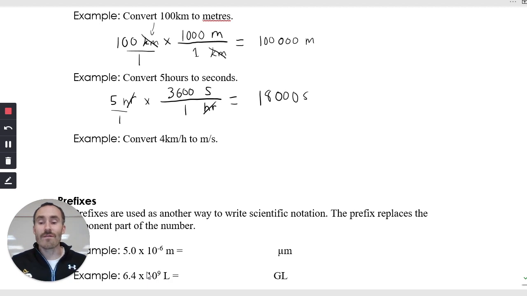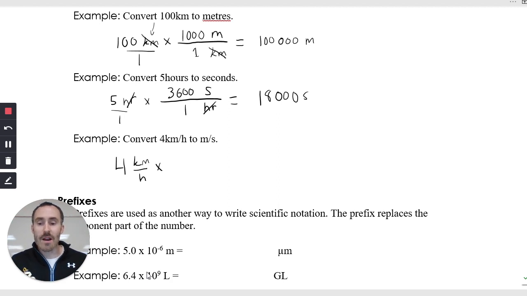Lastly, convert 4 kilometers per hour to meters per second. And here is where this method really is helpful, is really powerful. You could probably do these 2 conversions you just saw without using this method, but when you are getting into compound units like kilometers per hour, then I find that this organizes people's brains a little bit better, so they don't have to guess whether they're dividing or multiplying by certain things.